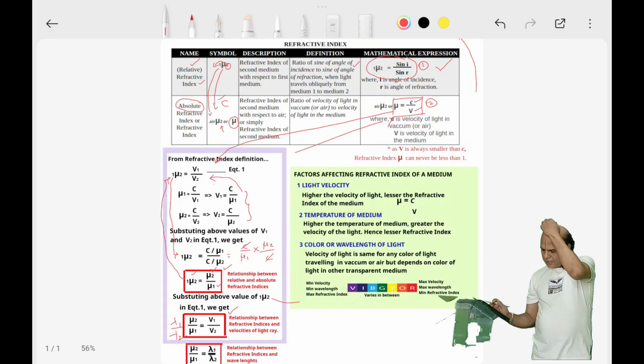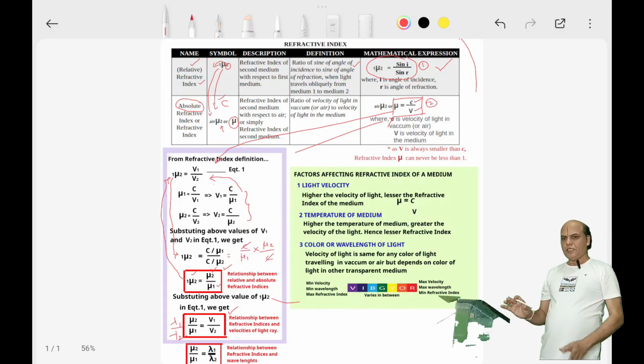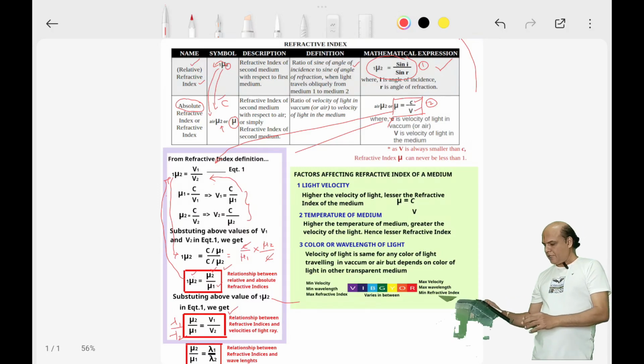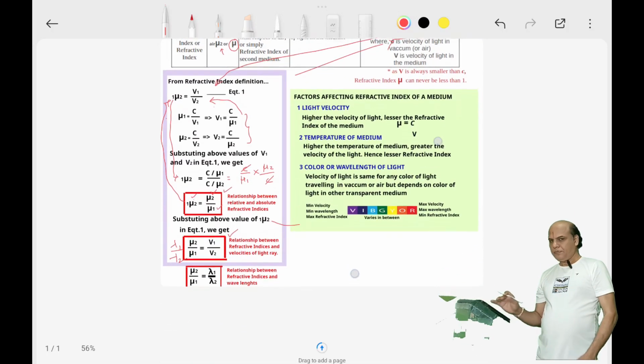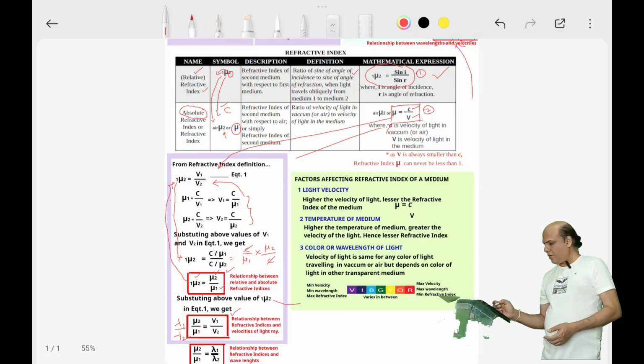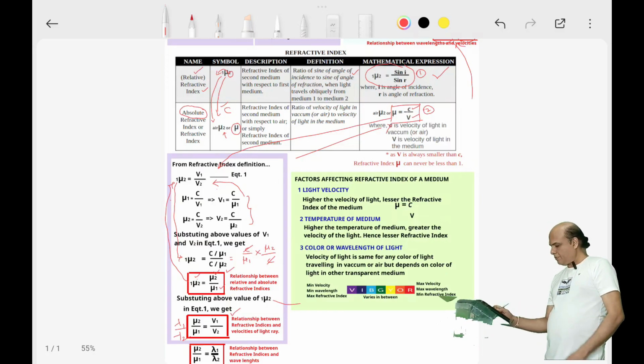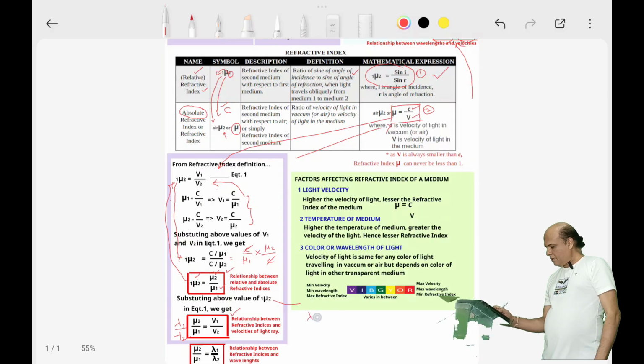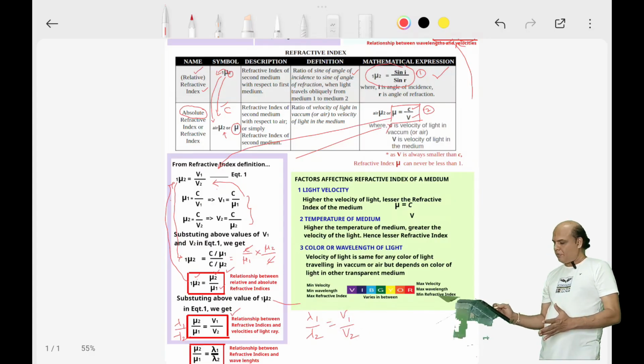So these three relationships: one is the relationship between absolute and relative refractive indices, the relationship between refractive indices and velocities, then the relationship between wavelength and velocities. Now I will give a memory pack on how to remember it. Wavelength and velocity are directly proportional.